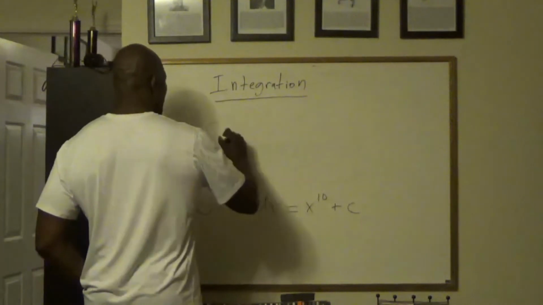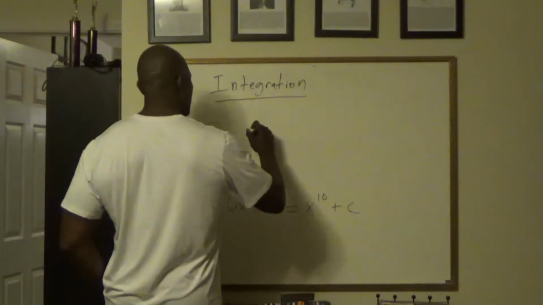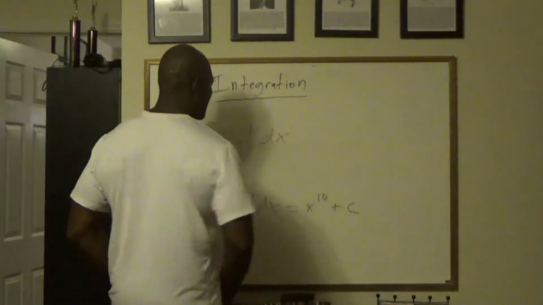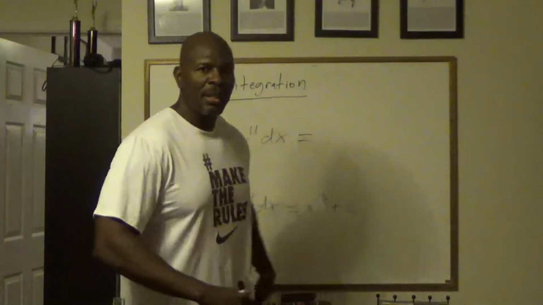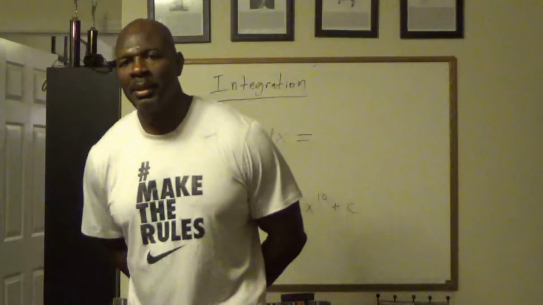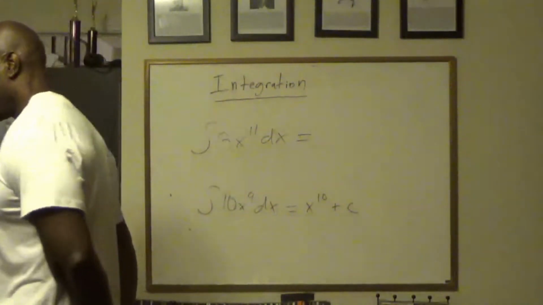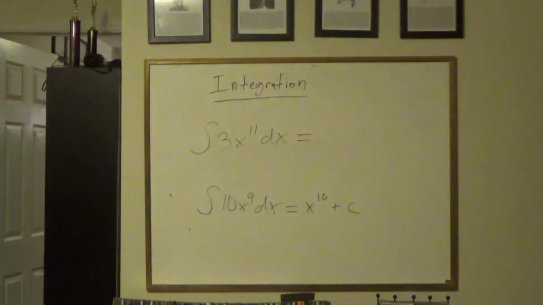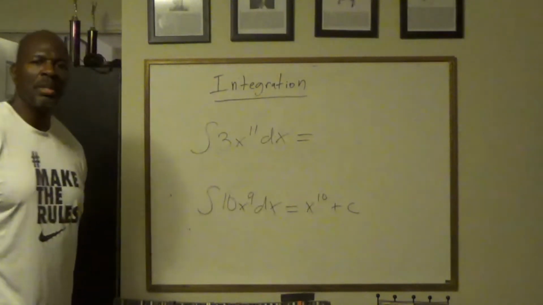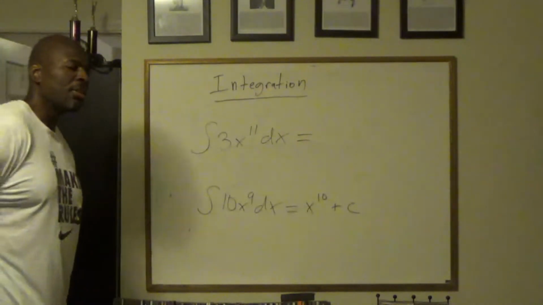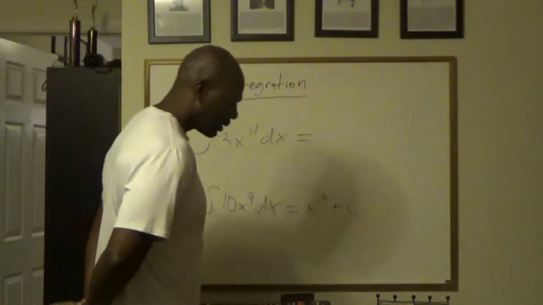Let's integrate 3x to the 11th dx. Okay, smarty pants. I want you to think about this answer. 3x to the 11th. Let me give you a moment to think. So we're trying to see which function can we take the derivative of and get 3x to the 11th.